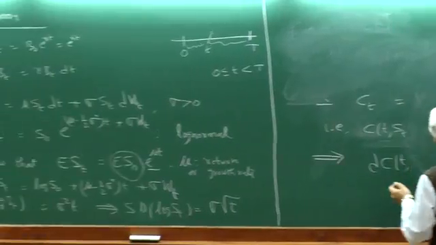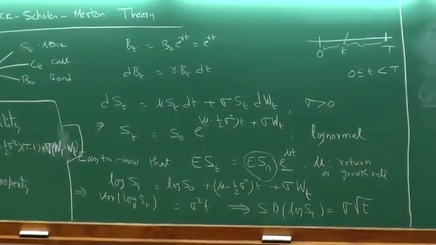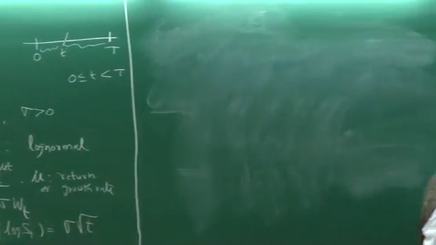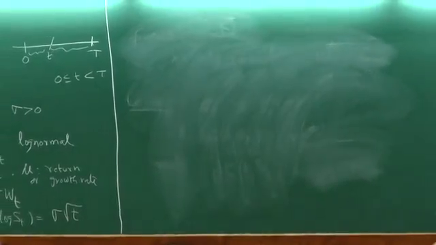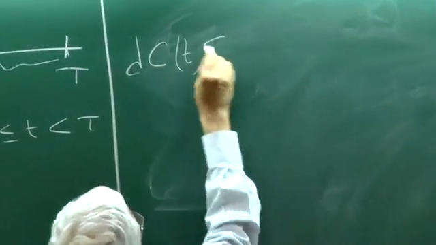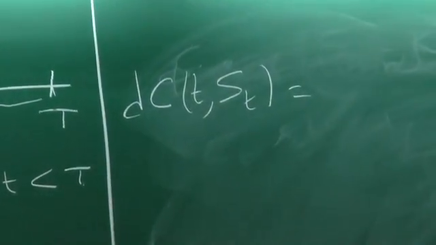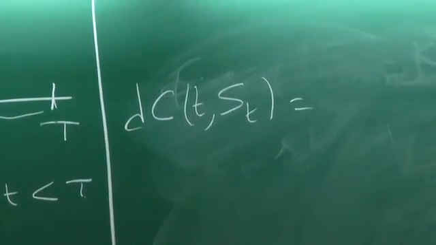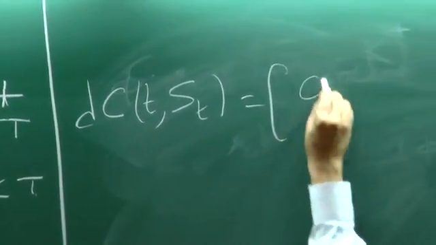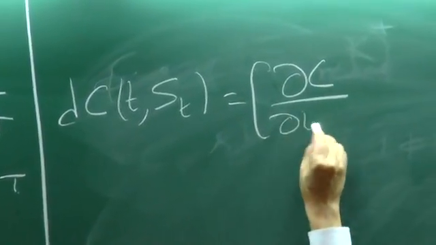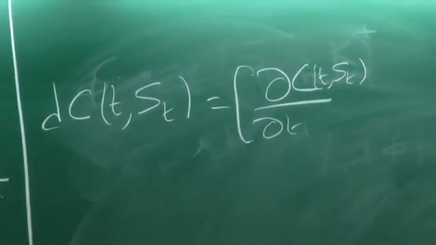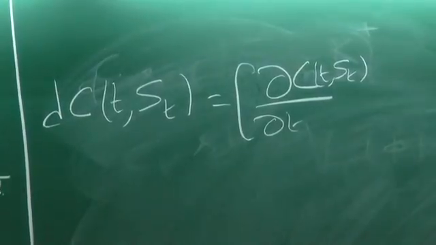Ito's formula. So if I use Ito's formula, then d of C(t, S_t). This is del f over del t. That will be del C over del t, and in brackets it will be t comma S_t.